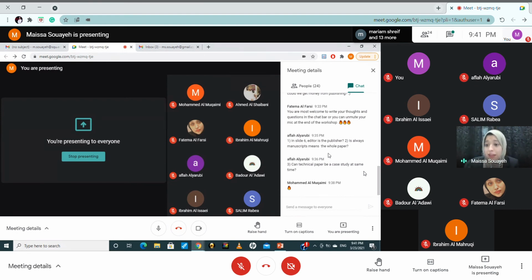The editor is the decision maker, as I told you. For example, he will decide whether this is published or not. Sometimes the reviewers recommend something, maybe two reviewers accept and one reviewer rejects. The editor will not just go by it.